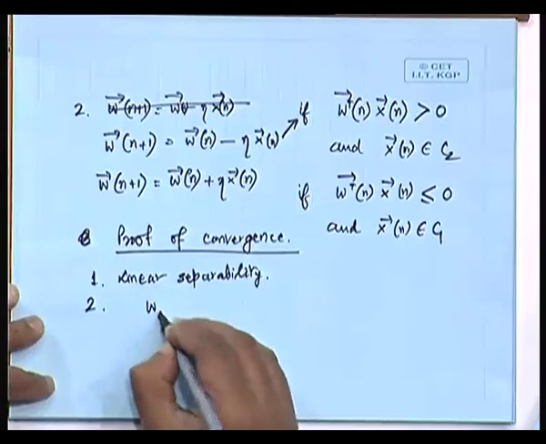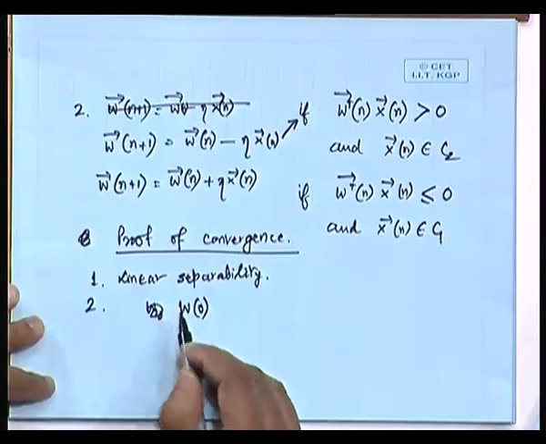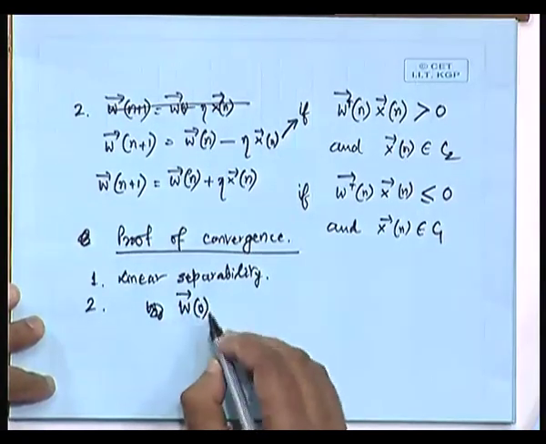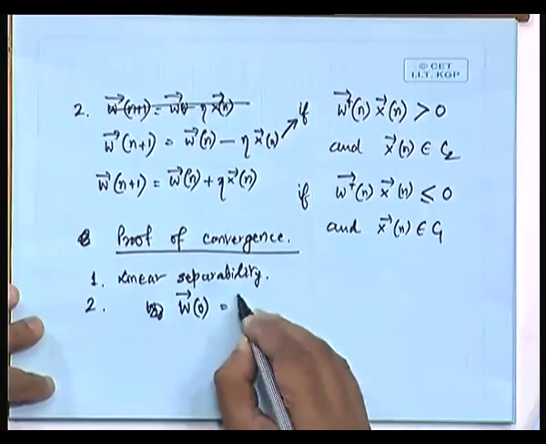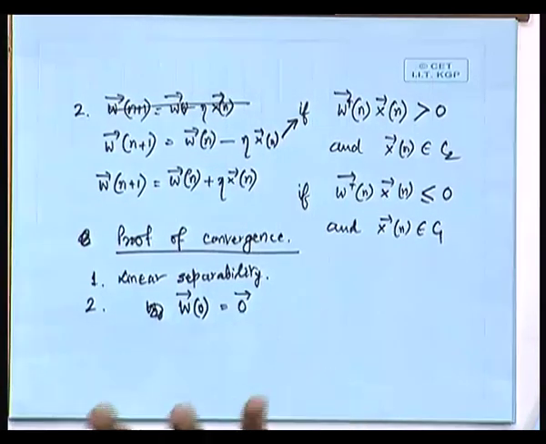One is that W0, the weight vector that we are using initially, is a 0 vector. So, we are starting with all weights equal to 0. It is not wrong to assume that, simply because initially you do not have any clue. When are you feeding W0? Before feeding any pattern.